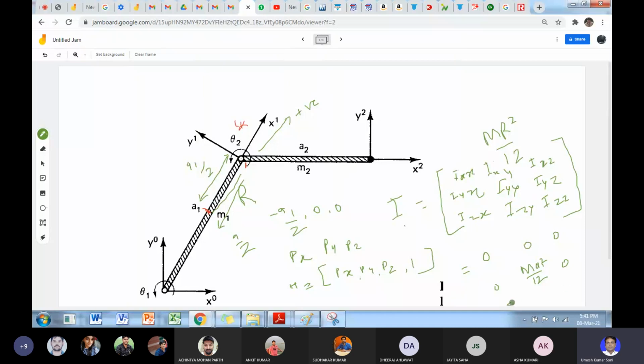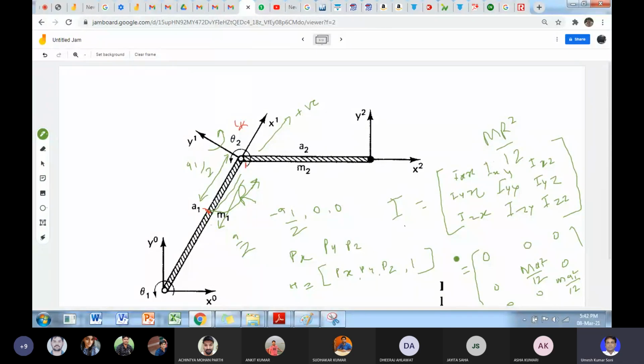So this is m a1 square by 12. This is a simple equation, and only in the y direction and z direction will there be inertia, meaning a link can rotate along the z direction, but the center of mass has no inertia in the x direction.